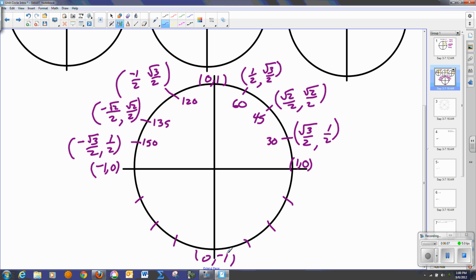So we can find a number of different points on this unit circle, and these points also reflect sine and cosine values for a number of different angles. So let's look at the whole unit circle all filled out.